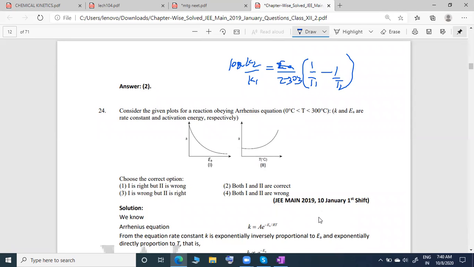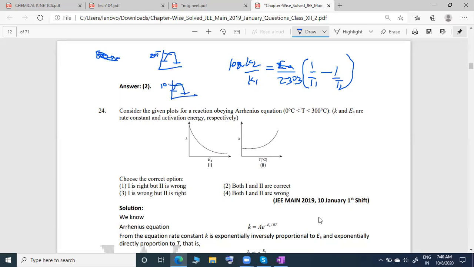For example, here initially the activation energy is 100. We can take it in a simple way. You understand? The more the activation energy, the less the rate of the reaction indirectly. So here suppose 20 joules is the activation energy. In the next case we have only 10 joules.